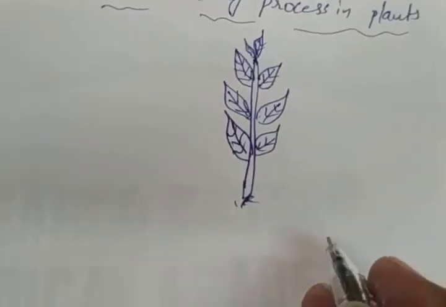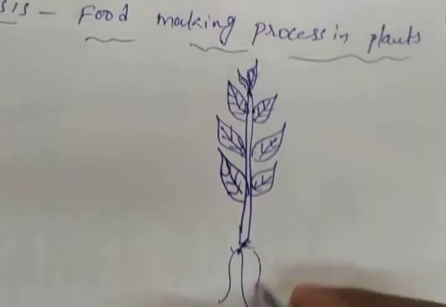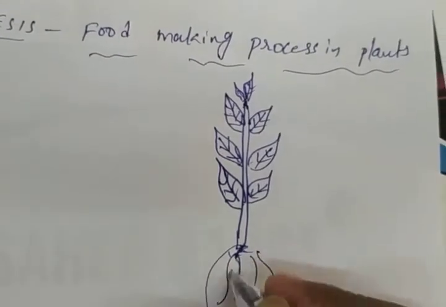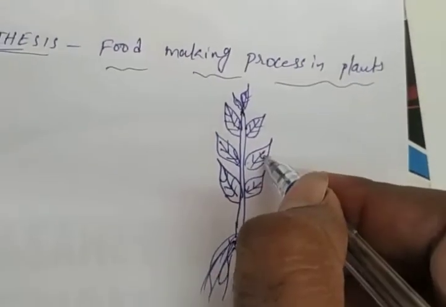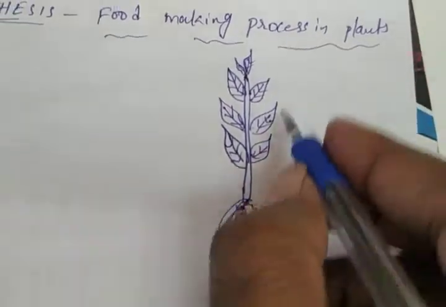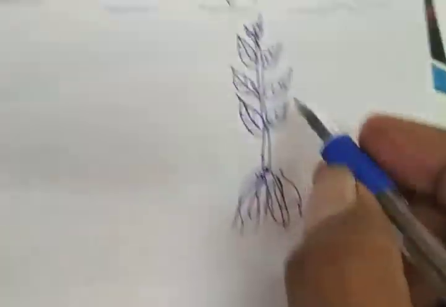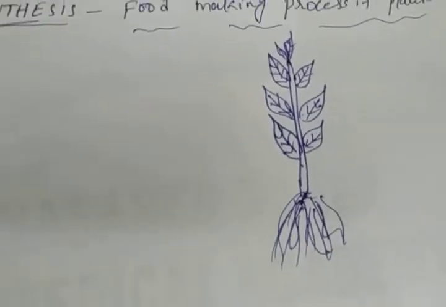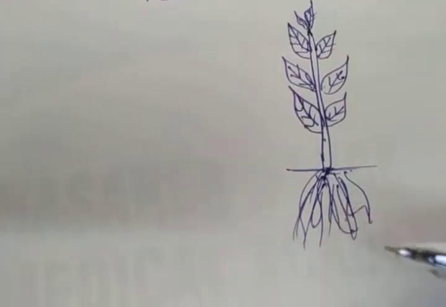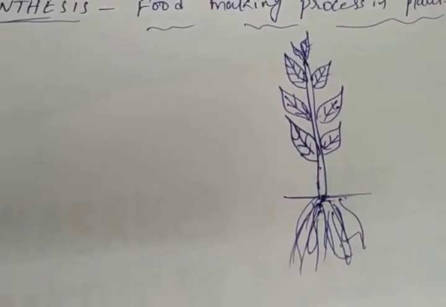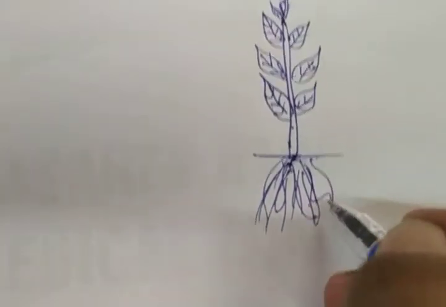This is a plant, these are the roots, these are the leaves, and this is a stem. The roots are under the earth.